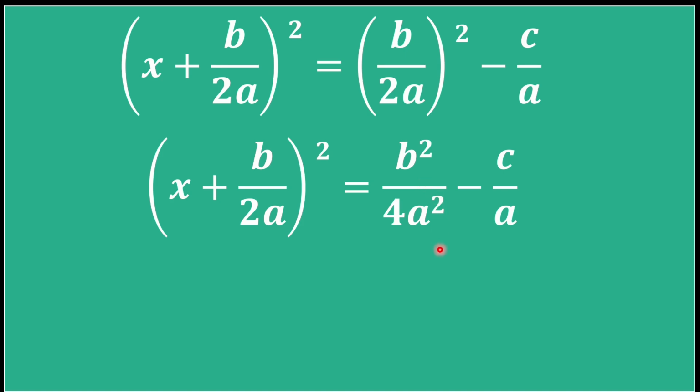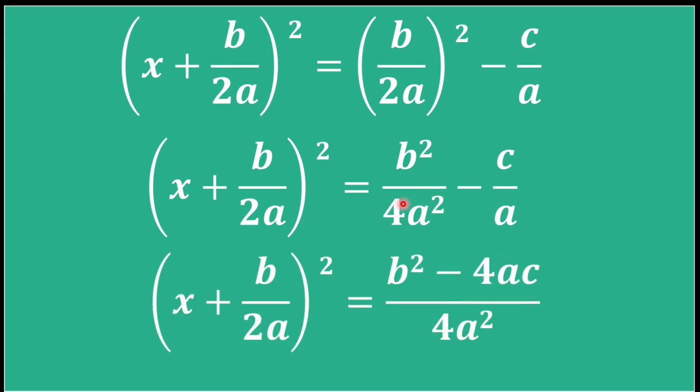And in the next step we will take LCM of these values. So 4a squared is the LCM, so 4a squared will cancel this 4a squared, and b squared minus, here we will have 4ac, because here is a square, so 1a will cancel a, so a will remain and 4 will remain, so 4ac.